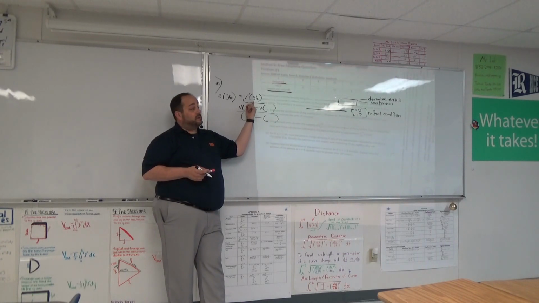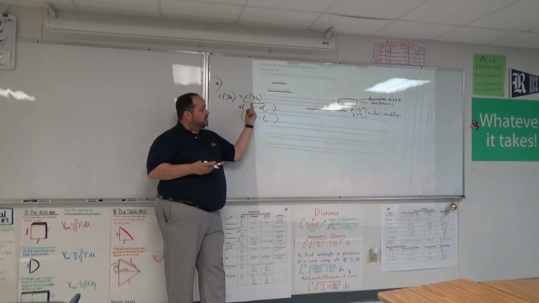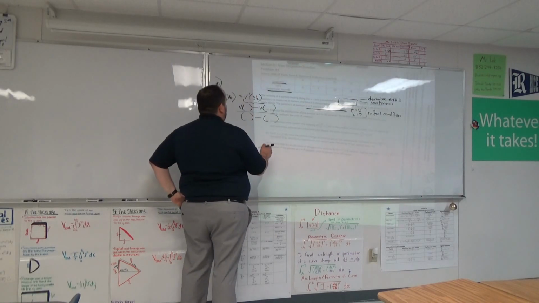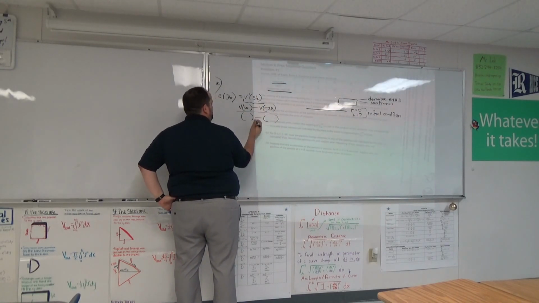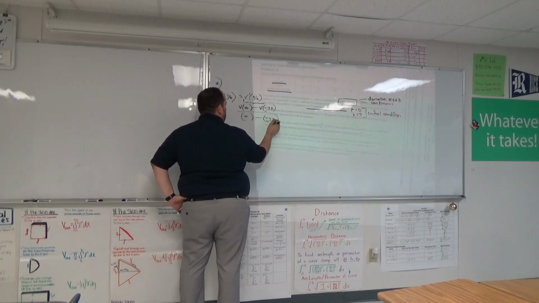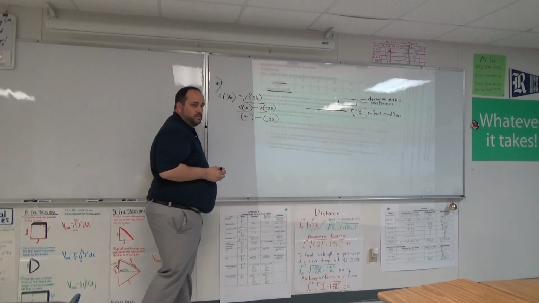There's only one interval that really makes any sense here. 32. Right, we're going to go from 32 to 40. So I'm going to set this up and say velocity at 40 minus velocity at 32 divided by the difference in time, 40 minus 32.